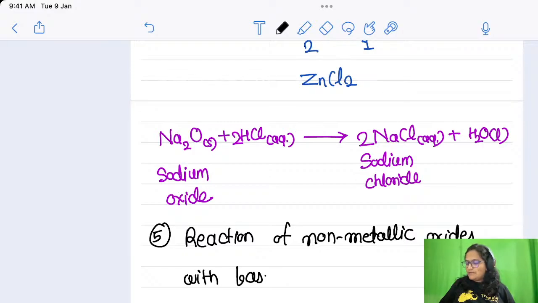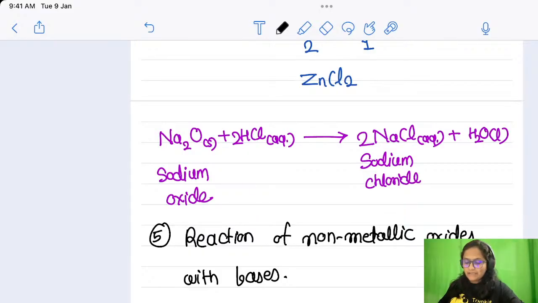Because non-metallic oxides are generally, there are certain exceptions here also, but we are not using exceptional examples, generally acidic in nature. Okay, yes, so let us see some examples one by one. Reaction of non-metallic oxide with the bases, right?